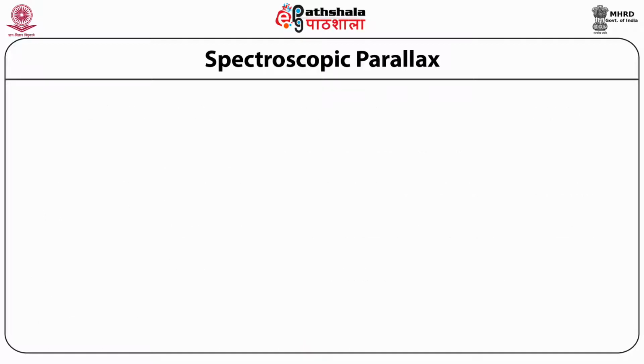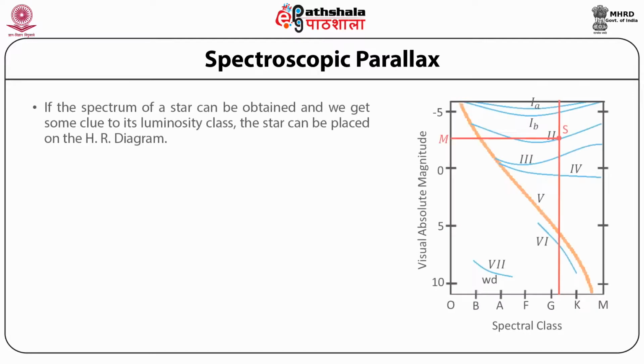Spectroscopic parallax. If the spectrum of a star can be obtained and we get some clue to its luminosity class, the star can be placed on the HR diagram. The figure here shows the spectral classes with the visual absolute magnitude.